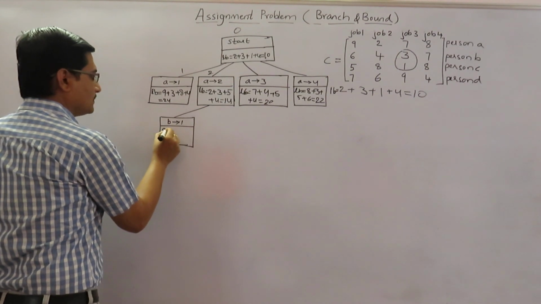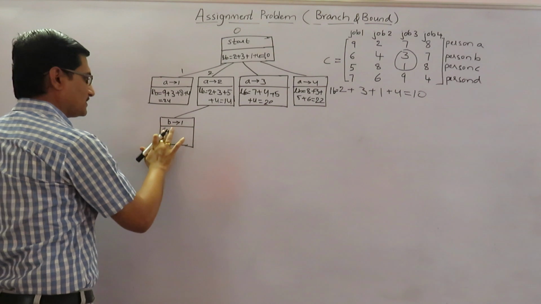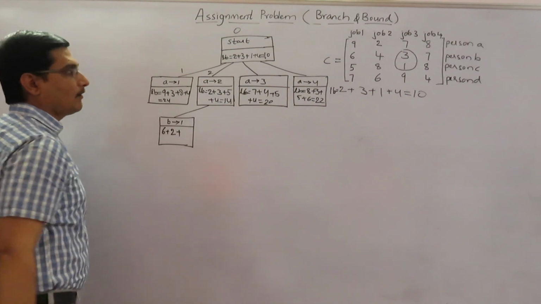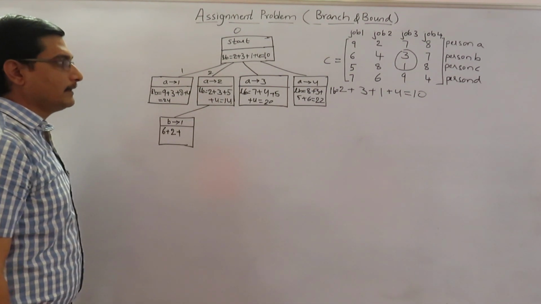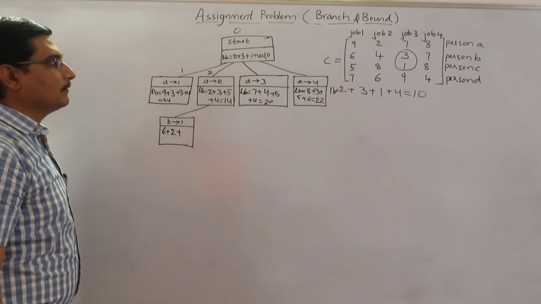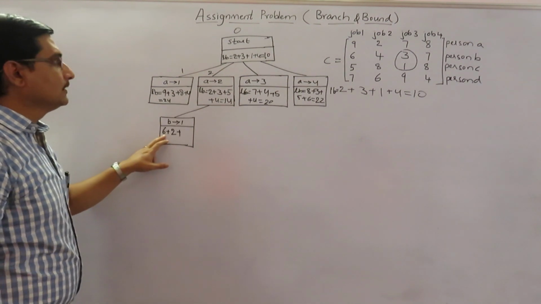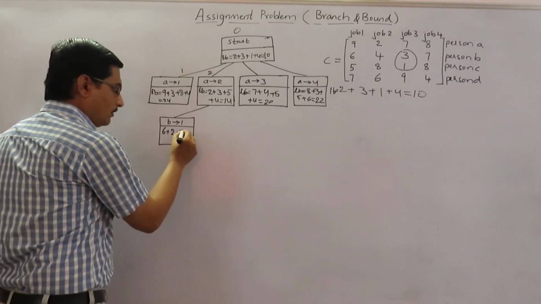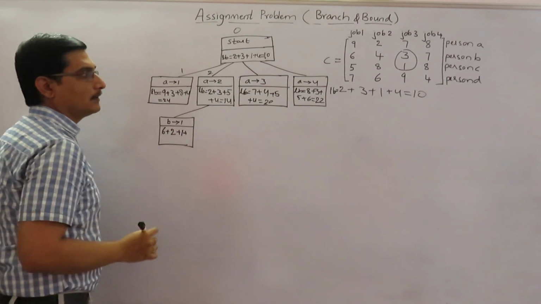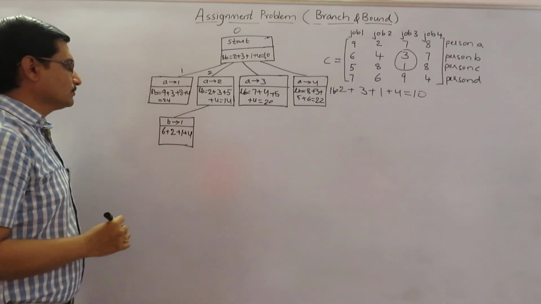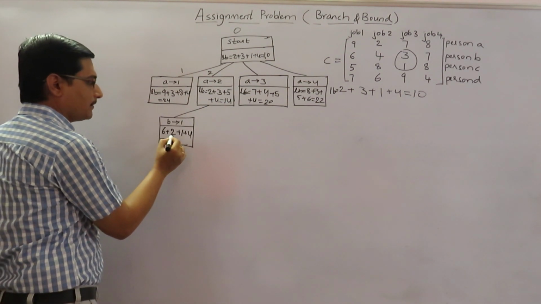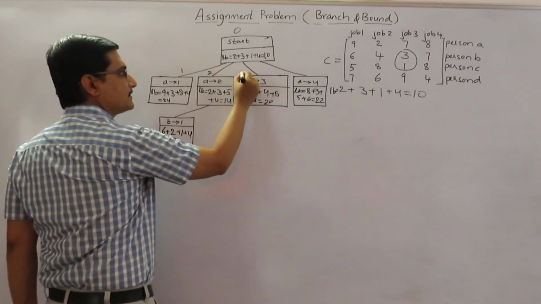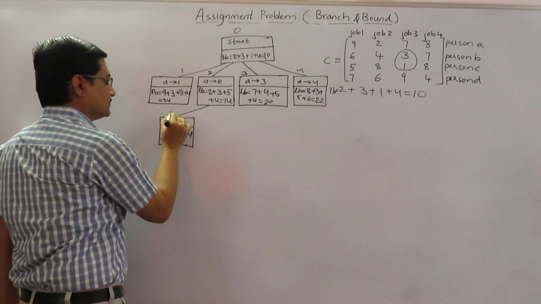The job 1 cost is 6 for person B. And job 2 is already assigned to person A. The cost is 2, and we are left with 2 more jobs, job 3 and job 4. Job 3 can be assigned to person C, and job 4 can be assigned to person D. So what is the total cost here? 6 plus 2 is 8 plus 1 is 9. 9 plus 4 is 13. Okay, this is node 3, this is node 4, this is node 5.